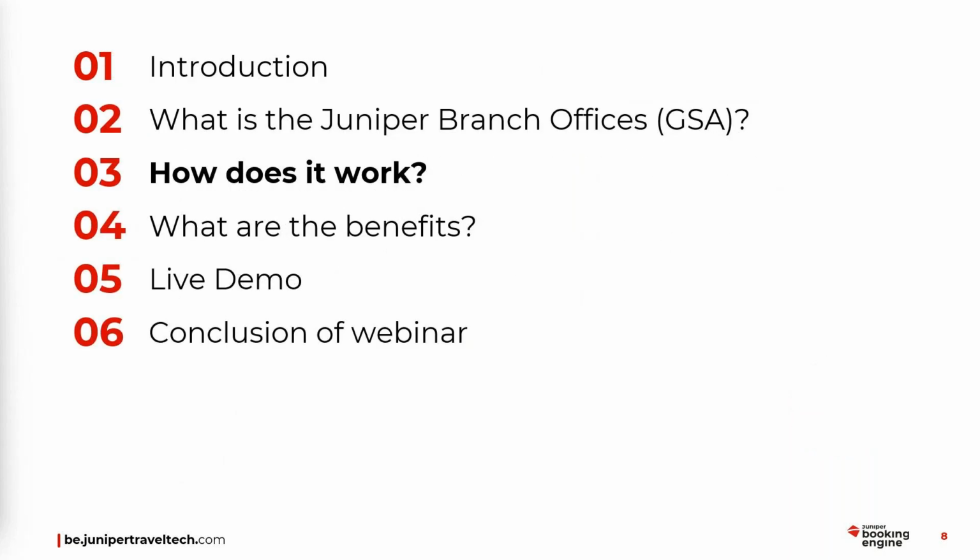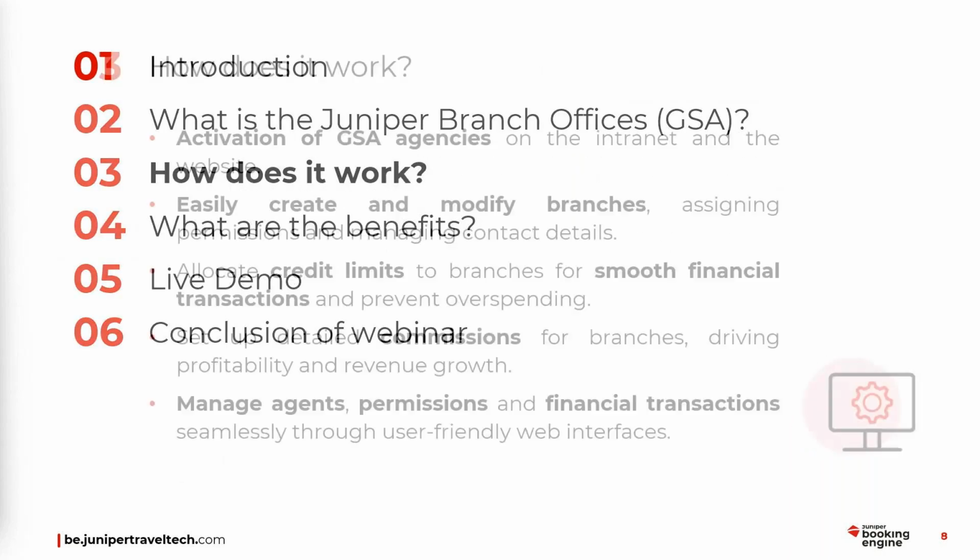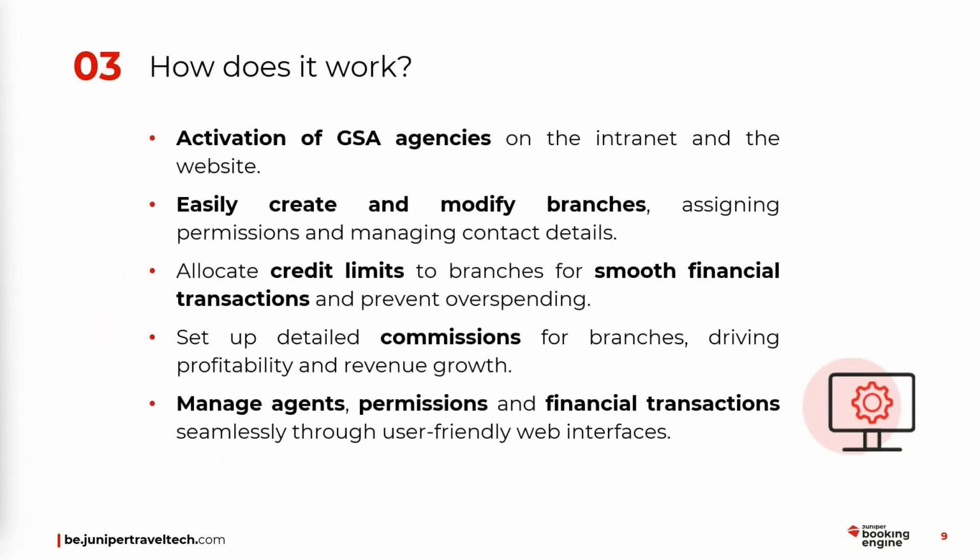Let's continue with how it works. First, the GSA agency must be activated on both the intranet and the public website with customizable viewing options on the website. Then branches can be created by assigning specific permissions for each and providing billing information such as contact details and payment type.